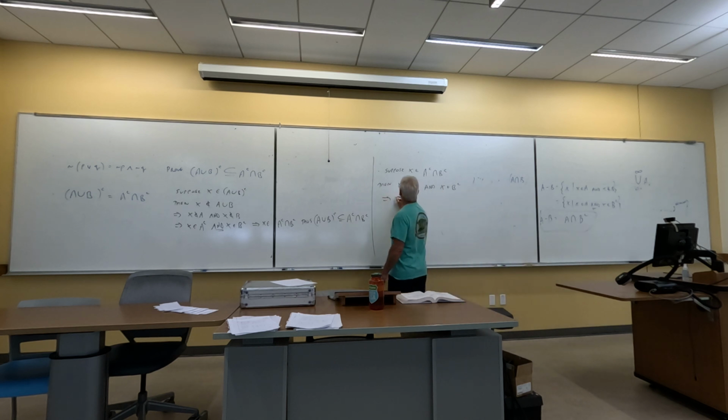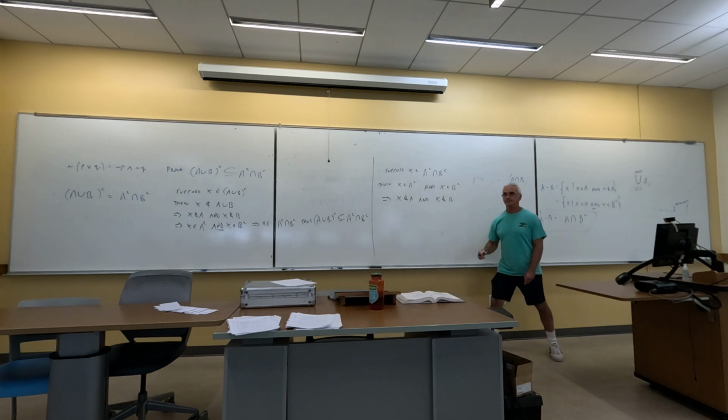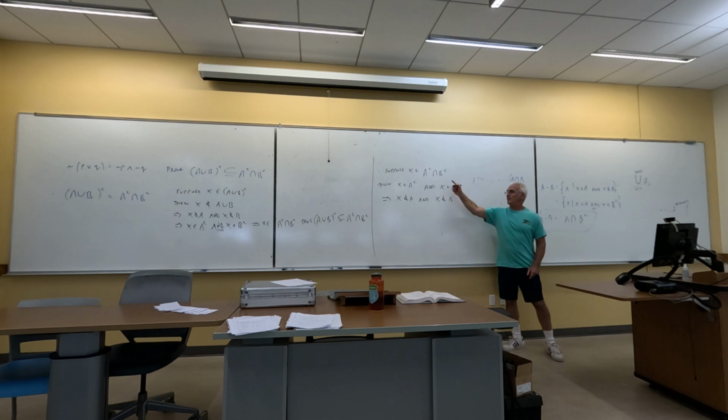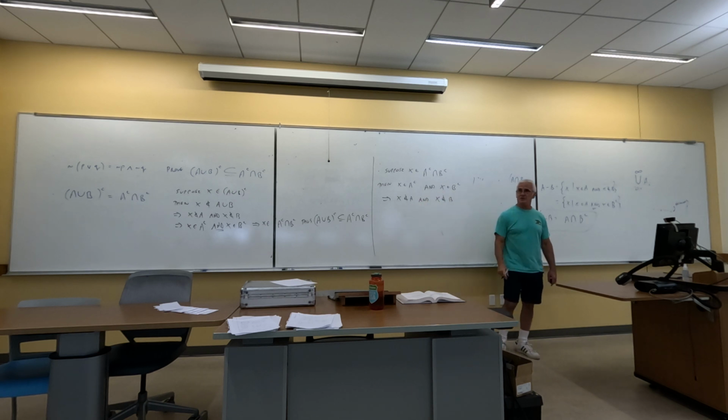But then that would imply that X is not in A, and simultaneously X is not in B. The first statement is just the definition of an intersection, and the second statement is just the definition of a complement.